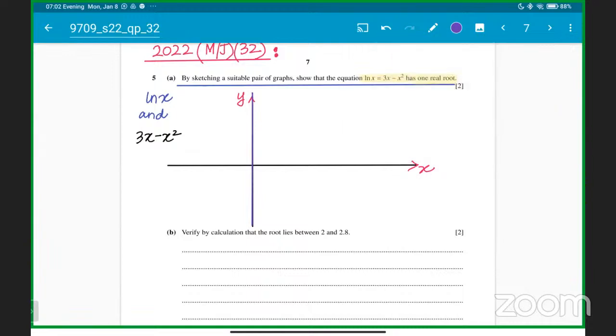When you plug in x equals 0, you can make the first point here. And that is how the ln x graph looks like. You take down more values, and the graph will go like this, okay? Understood?